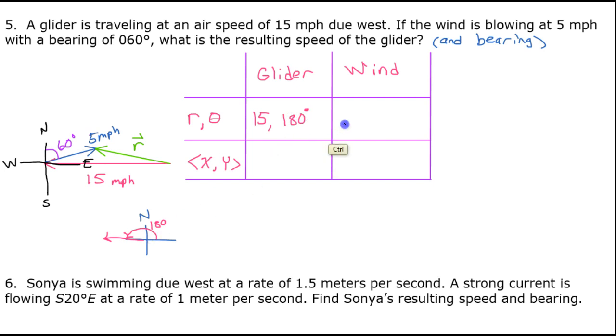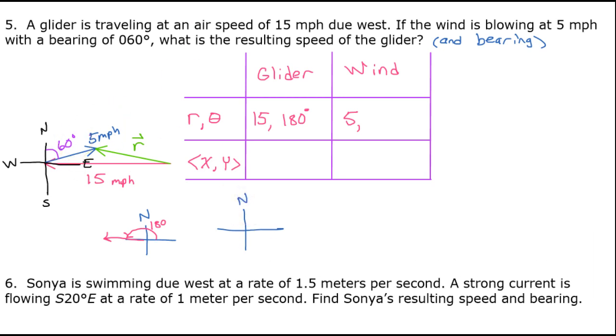Now, what about the wind? The magnitude of the wind is 5 miles per hour. That's just the speed. Alright, that part is easy. Now, what about the direction of the wind? So again, I feel like we should draw ourselves a new little compass rose.